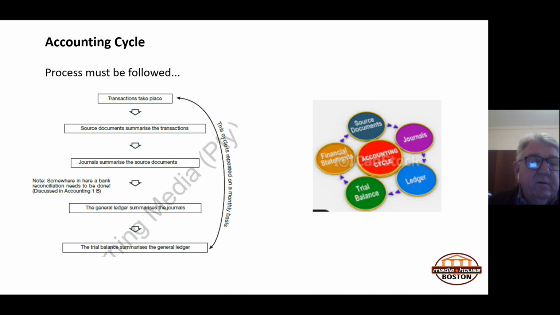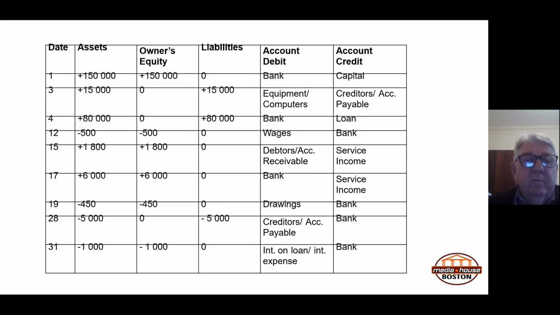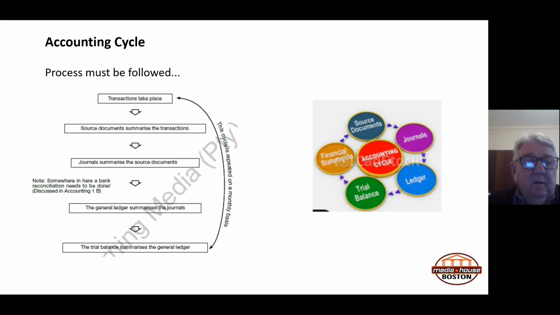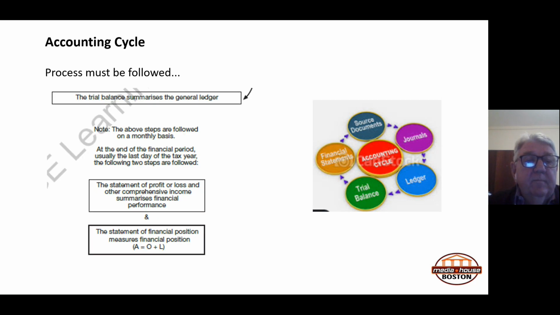What we've been doing on the previous page is very similar to our journals, because when we say this account gets debited and this one credited, and the amount, that is basically what will be in a journal. Okay. All familiar with this accounting cycle?